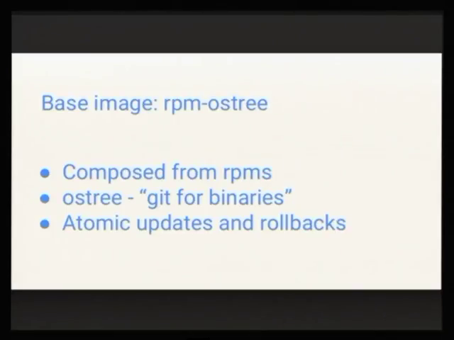Then the clients download the metadata on the client side. What this gives us is that we get the whole image as a single unit, as opposed to maybe getting one RPM upgrade and not getting the other one, and then things breaking in a weird unexpected way.